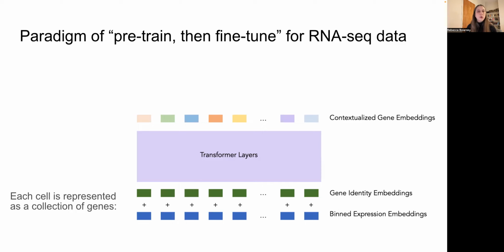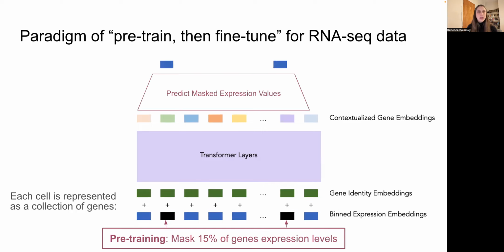So how are these transformer layers trained? The details vary between methods, but some sort of masked pre-training is employed. During pre-training, the expression of some portion of genes is masked, meaning hidden from the model, and the model's trained to use the context of all the other observed genes in order to predict the expression of the masked genes.